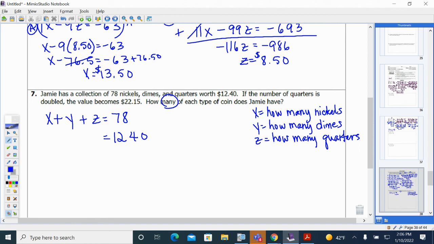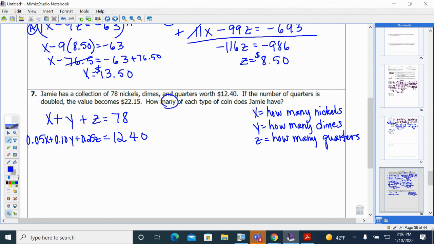So a nickel is 5 cents, so 0.05x. Dimes are 10 cents, so that's a plus 0.10y. And quarters are worth 25 cents. That's going to give you the money.